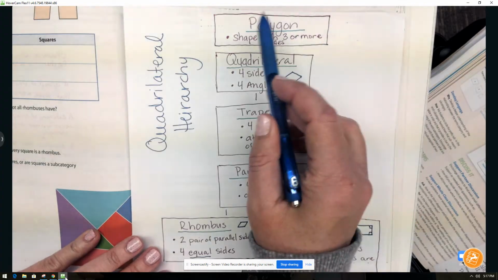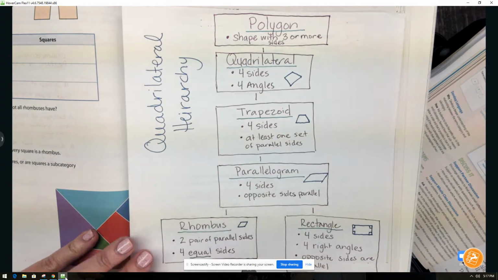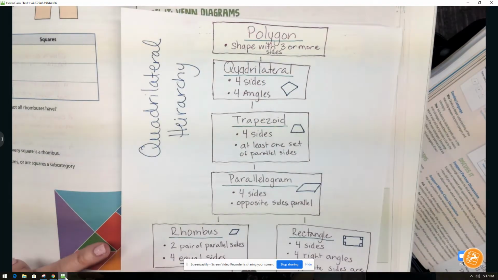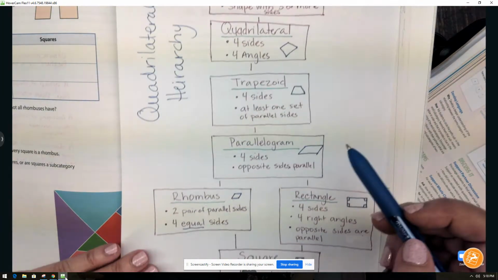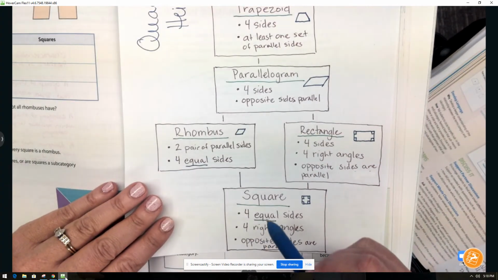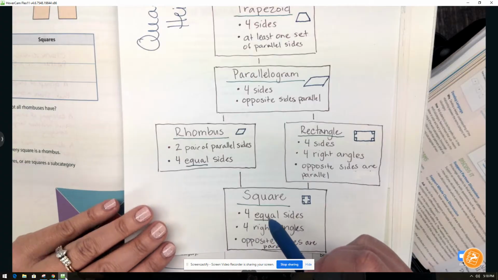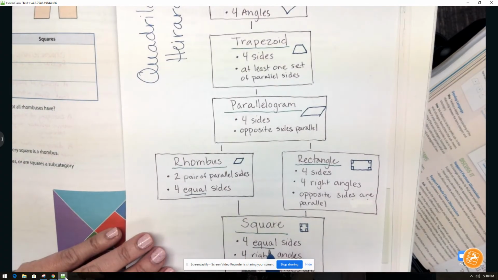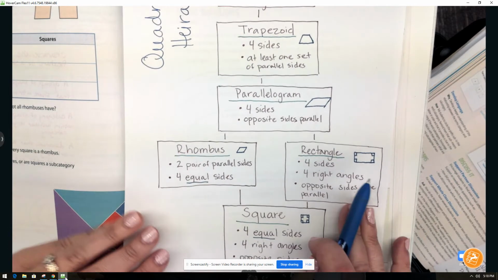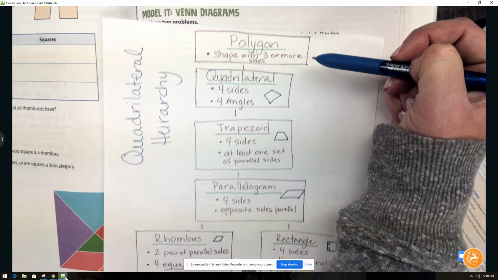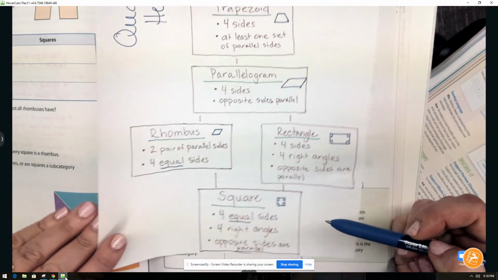And the most general is up here. Every single shape that is underneath a polygon can be classified as a polygon. That's why it's the most general. Now, the most restrictive is a square, because a square is the only shape that is a square. None of these other shapes can be classified as a square, which is why it's at the bottom of the hierarchy, because it goes from the most general down to the most specific.